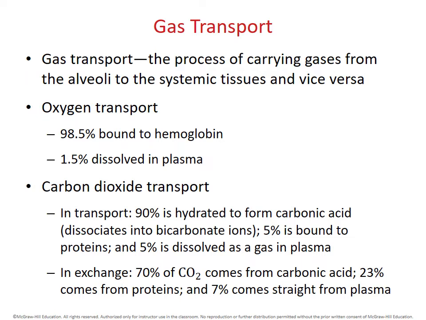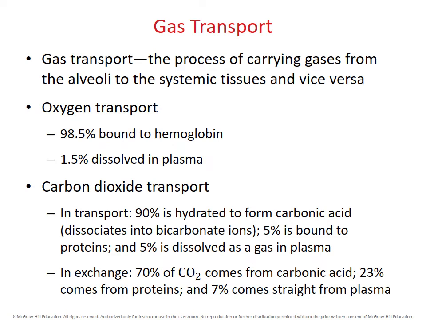We have a similar thing here: oxygen and carbon dioxide tend not to be transported as free gases just dissolved in plasma, but once they make it into the plasma, they almost immediately become complexed to something else, which then does most of the job of transport.